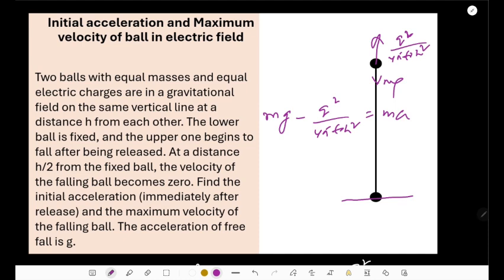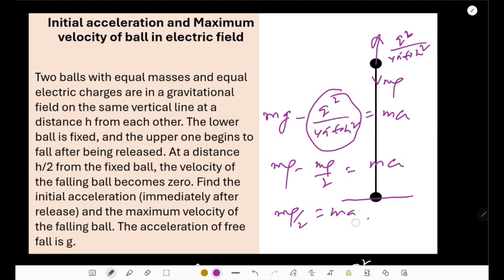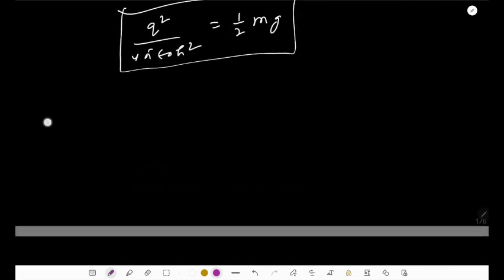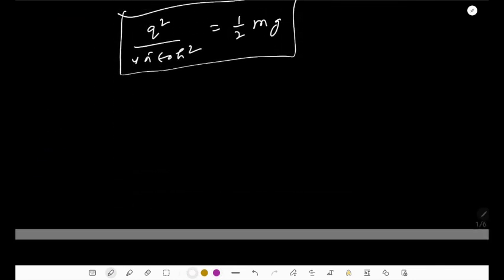We know this whole thing is going to be half mg, so mg minus mg by 2 gives mg by 2 equals ma. So at the initial moment the acceleration is going to be g by 2. So at least we got our first answer: the initial acceleration of the ball is g by 2.